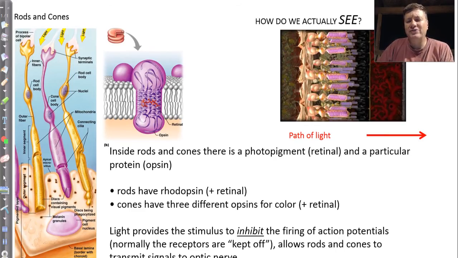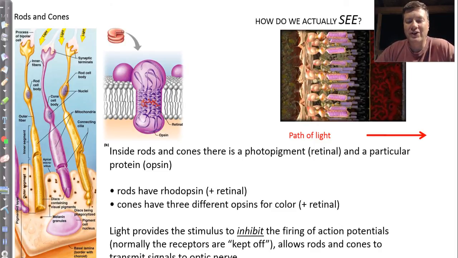What I don't want you to stress about is how we actually see, because it's a pretty complicated process and gets into some physics. Essentially, when we process light, we're processing it either with rods or cones. There's 3 different kinds of cones. And depending upon which of those cones are activated by which wavelengths of light, we turn on or turn off certain kinds of signals that our brain interprets as, okay, I've received this signal or that signal from the photoreceptors.